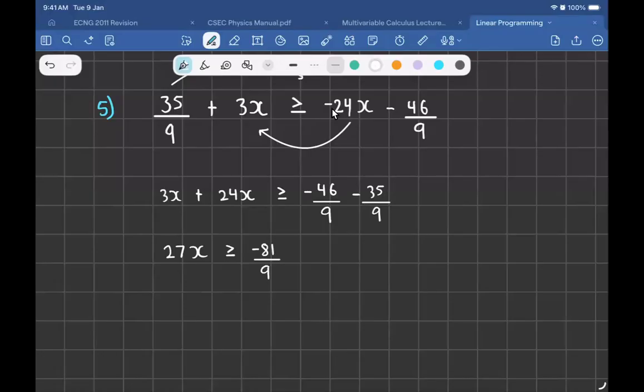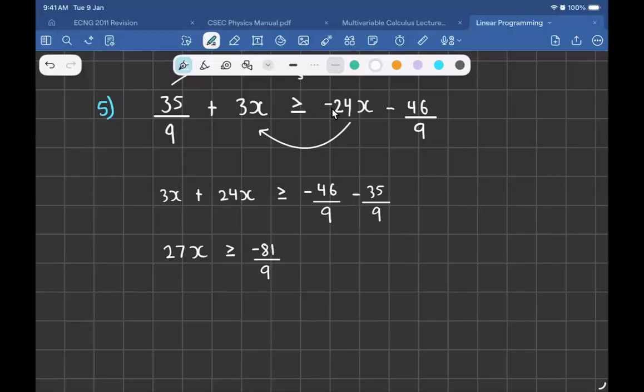Sahara, what's going on? I don't think I get a picture from yours yet. Tell me, Sahara. You move all the variables to the left hand side and then all the constants to the right hand side. And you add the two x's and you get 27x.